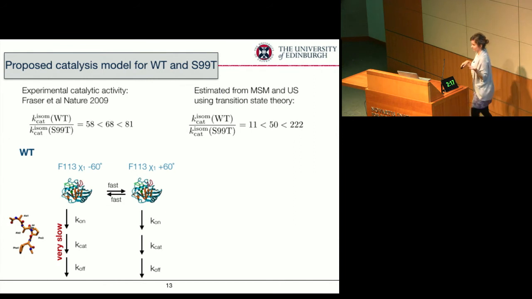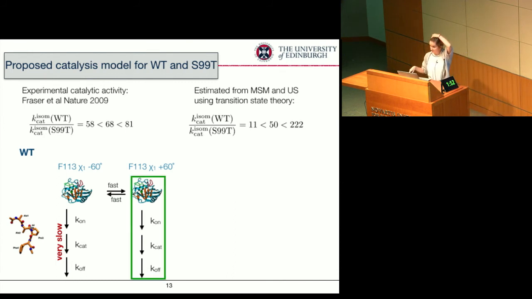And we believe the reason how the catalysis works is actually because the substrate cannot bind well to this -60 conformation. So as long as there's a fast interchange between these two states, the catalysis will occur along this plus 60 F113 state in the wild type.